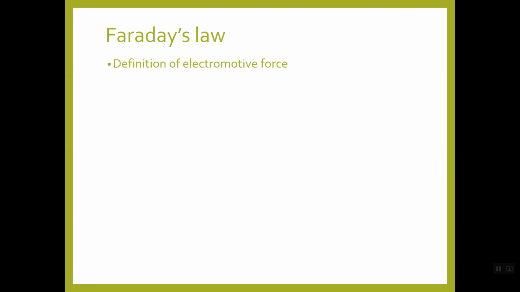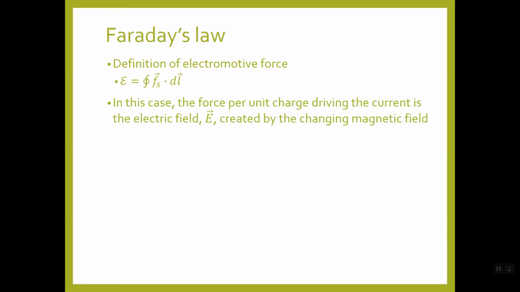So let's look back at the definition of electromotive force. The line integral of our force per unit charge, the force generating the current in the circuit. So in this case, the force per unit charge driving the current is the electric field created by this changing magnetic field. Okay, so we put the force per unit charge as our electric field.